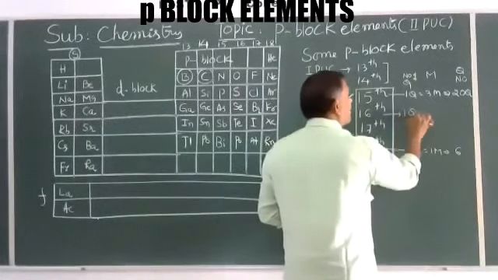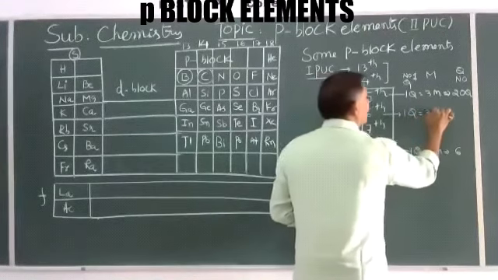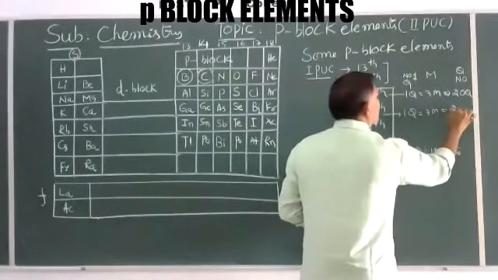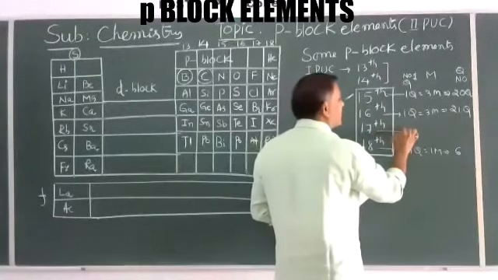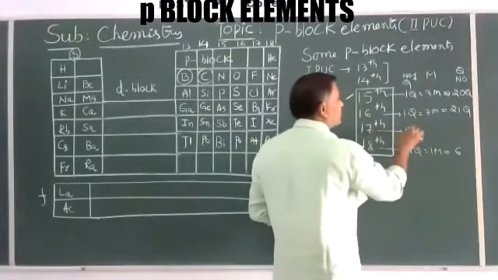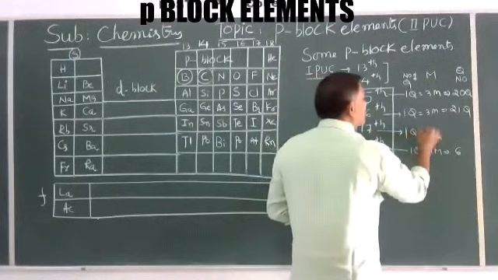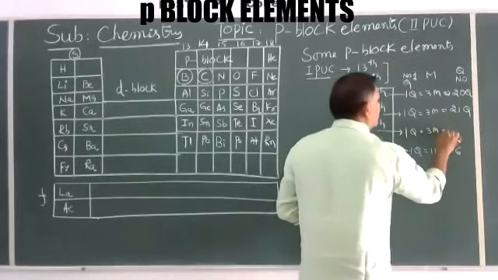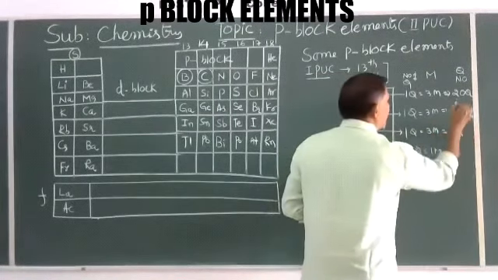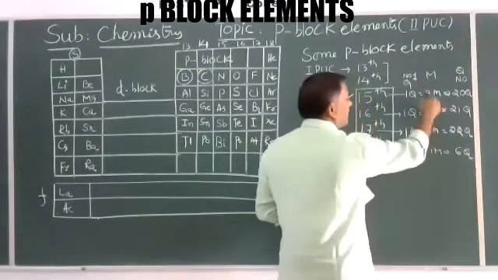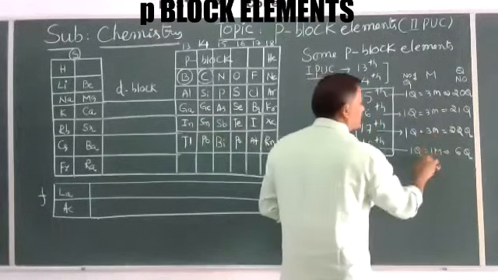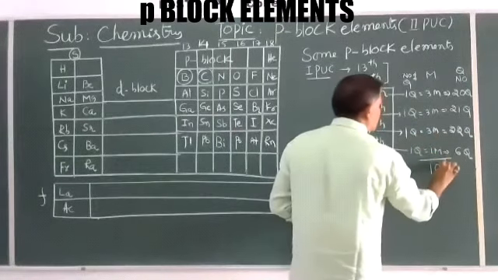Here, 1 question for 3 marks, that is question number 21. Now the 17th group also has only 1 question, for 3 marks, that is question number 22 in the PU board examination. Here question number 6: 3 plus 3 plus 3, 9, plus 1, total 10 marks.